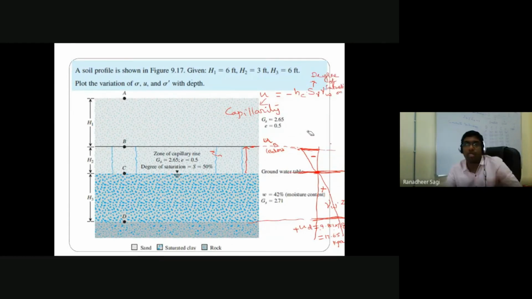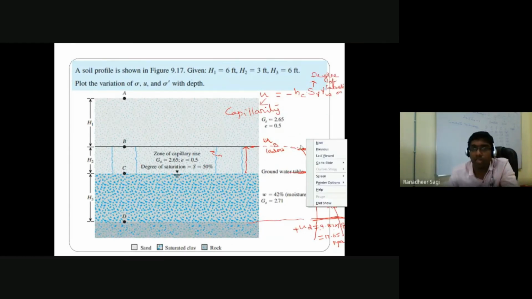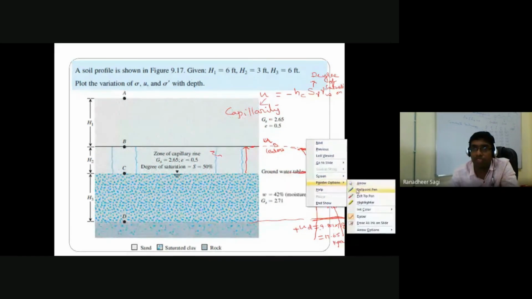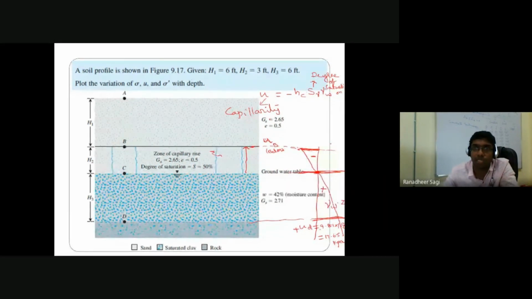Okay. So now let me go ahead and write down how much is my so-called negative pore water pressure at point B, just slightly below the position of point B. In the problem, it is said that the capillary effect is from point C to point B. So the effect of capillary rise is over a height of h2, which is 0.9 meters.